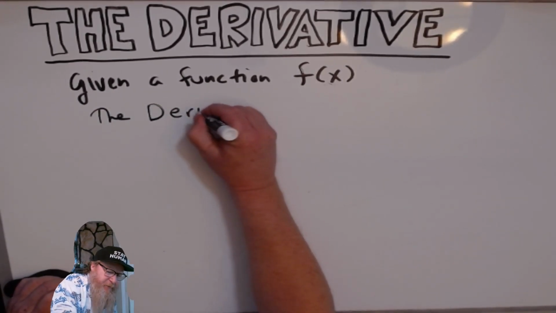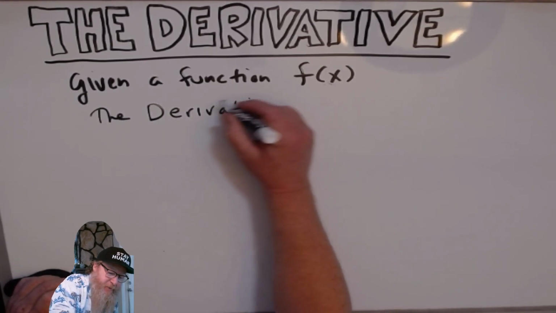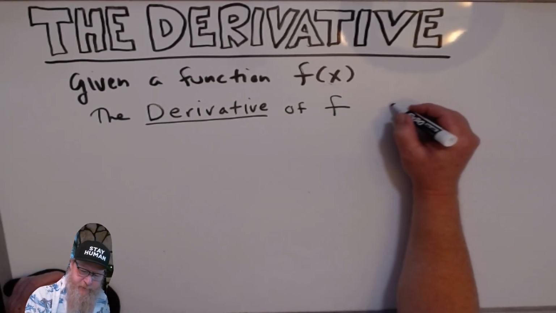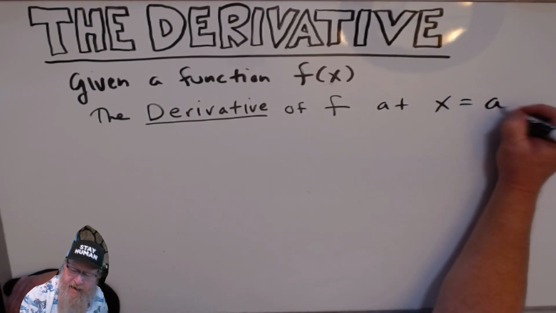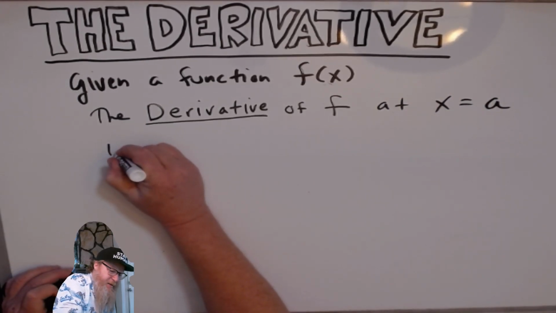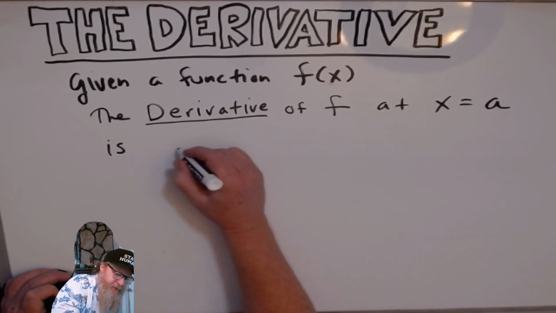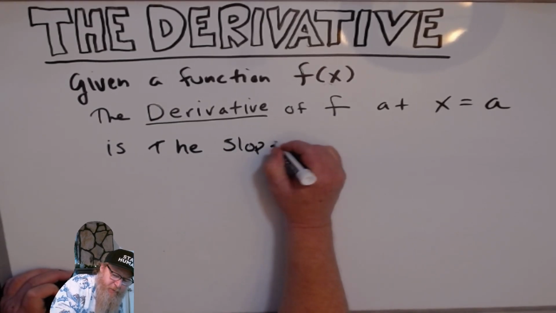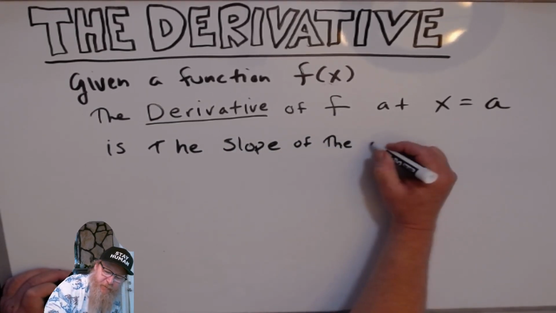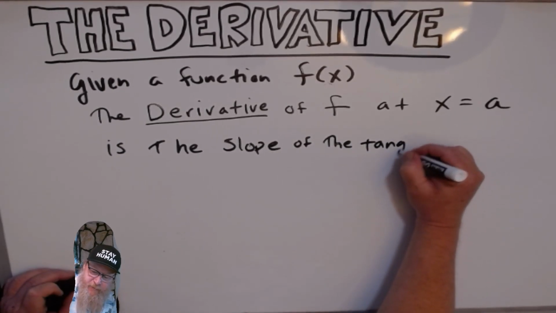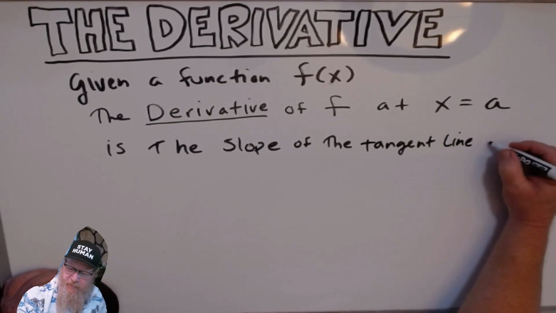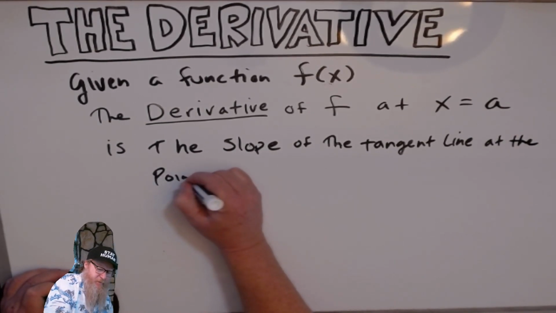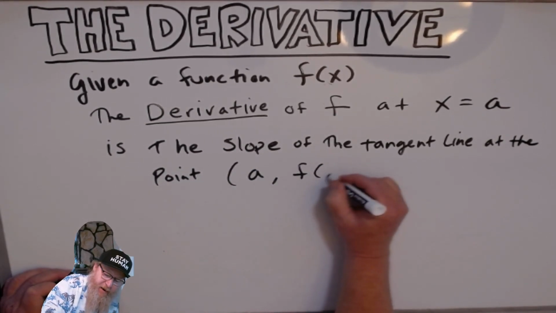The derivative of f at x equals a is the slope of the tangent line at the point a, f of a.